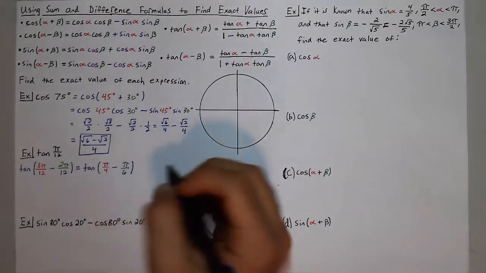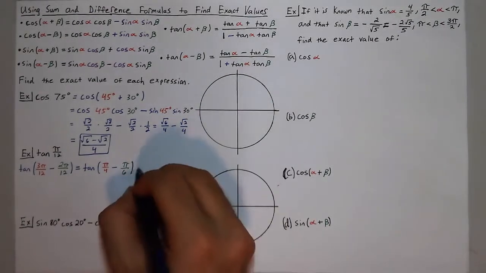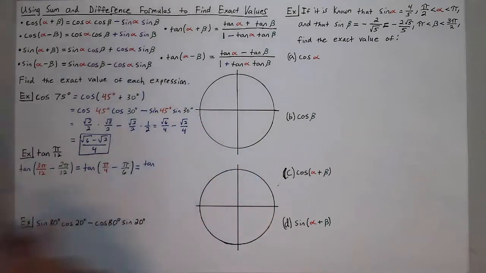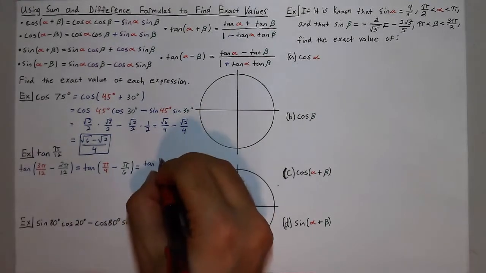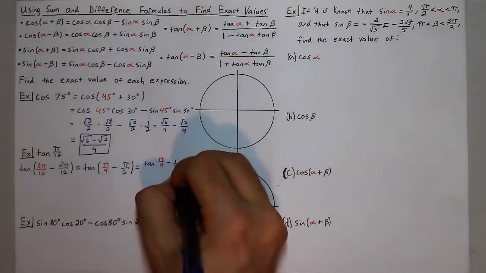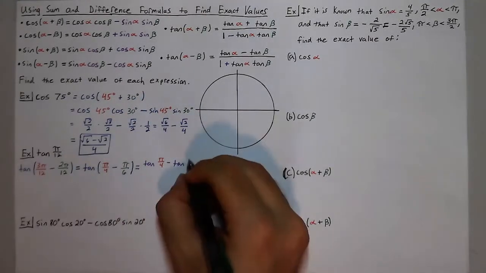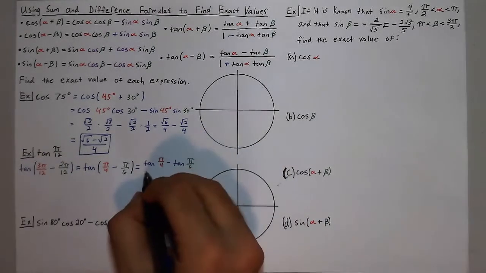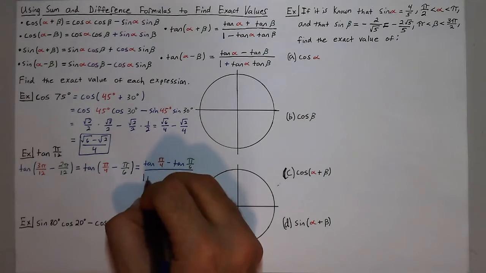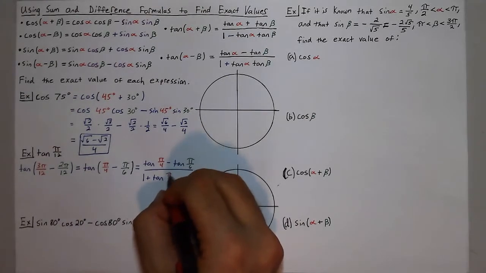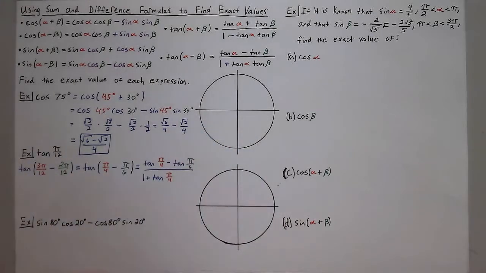So it becomes tangent of pi over 4 minus tangent of pi over 6, all over 1 plus tangent of pi over 4 times tangent of pi over 6.